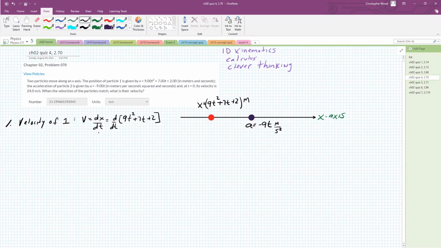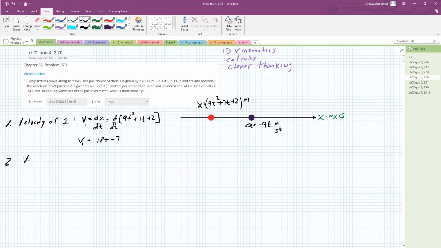I know the power rule, and I know that the velocity function is v equals 18t plus 7. And again, I'll use v subscript 1. This is the velocity function for object 1.